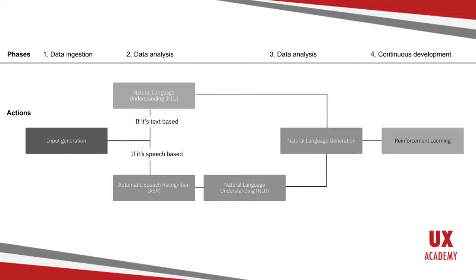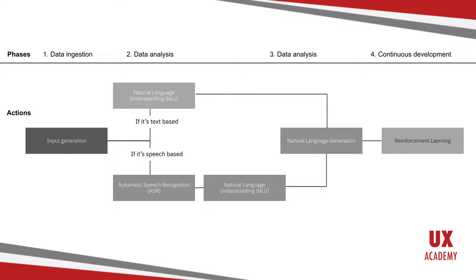There is an input generation phase, also called the data ingestion phase, where the user produces an input, and this can be speech or text. So there has to be an interface of some kind. There is an analysis phase where the machine analyzes the input from the user.